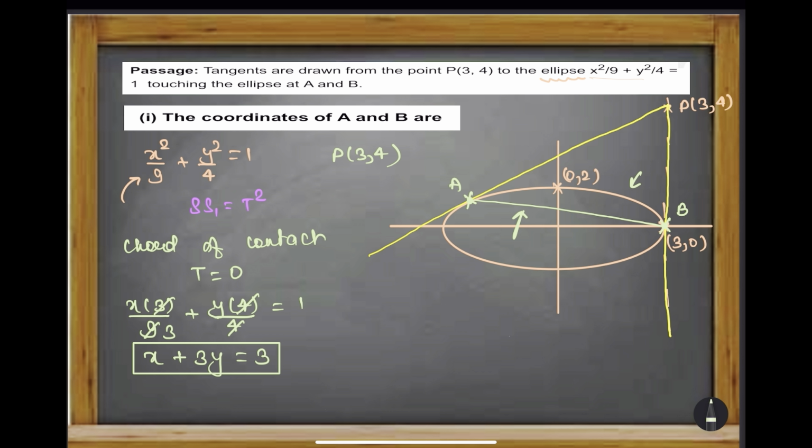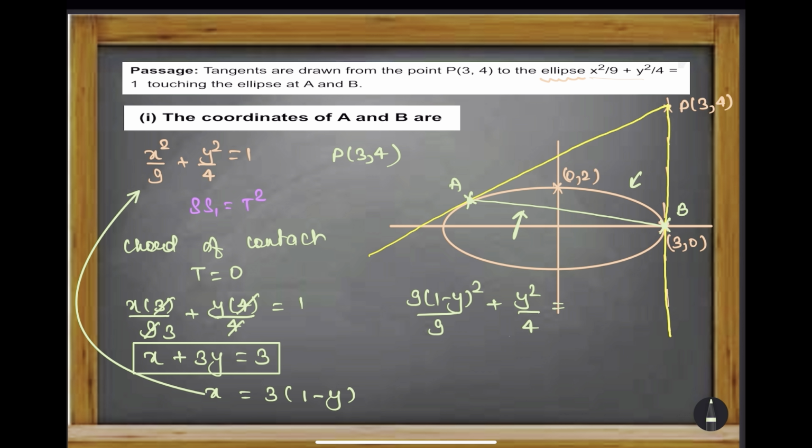So look at this. From here, can I say that x will be equal to 3 times 1 minus y, and let's substitute this value in this part. Okay, so we got 3 square as 9, 1 minus y whole square by 9 plus y square by 4 equals 1.